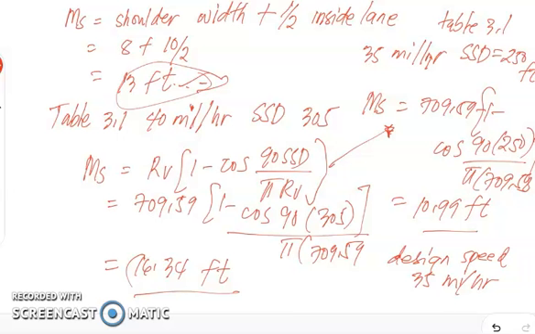Which means at 35 miles per hour, our computed MS is less than the design MS. So we're going to consider the lowest value for the design speed. We will not consider the 40 miles per hour. We're going to consider the 35 miles per hour, which is the highest safe speed for sight distance, so the lower speed is the highest safe speed for this curve.